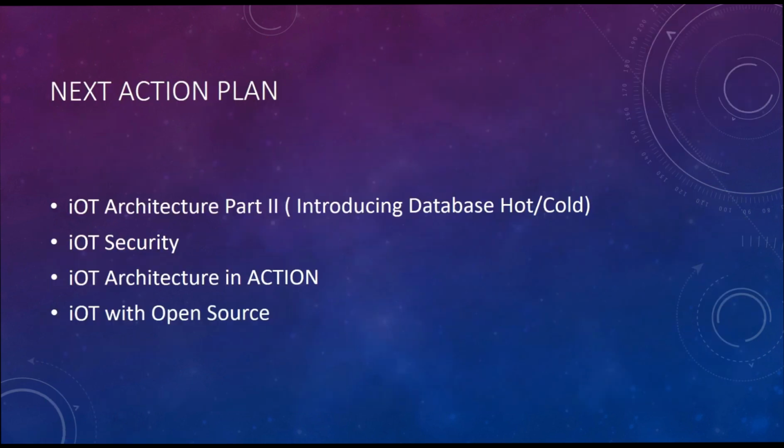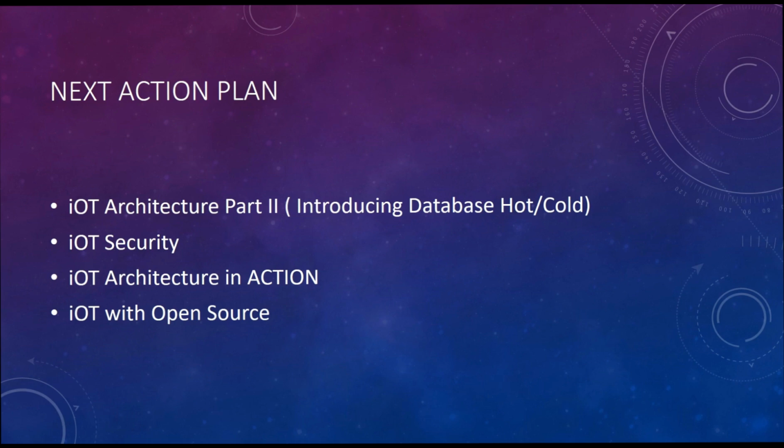IoT architecture. Next we will discuss IoT architecture part 2, where I'll discuss the hot and cold database. I will try to show one more high level architecture, so it will give you a clear picture of where exactly you need to place what thing. And we will discuss security, which is very important for IoT.